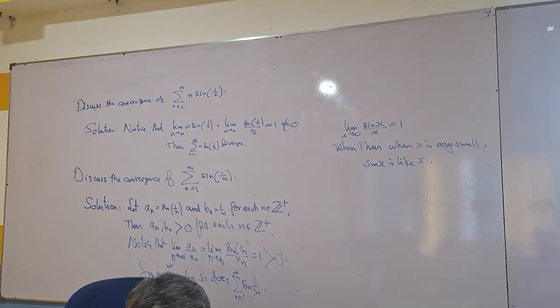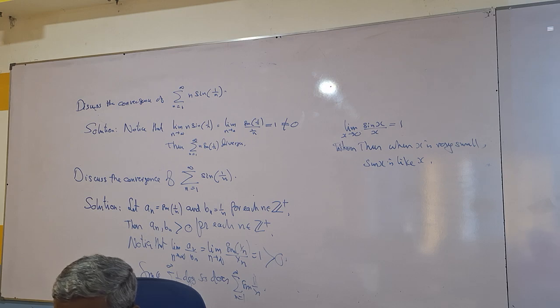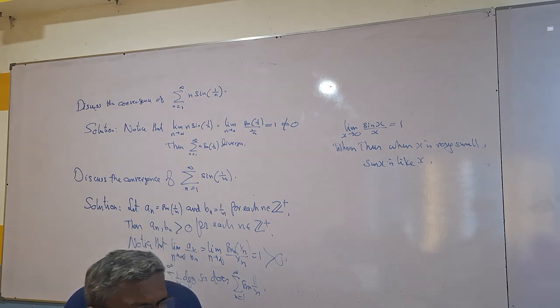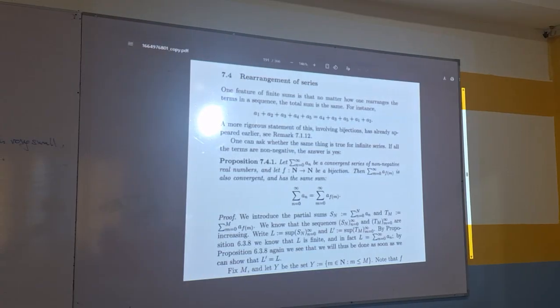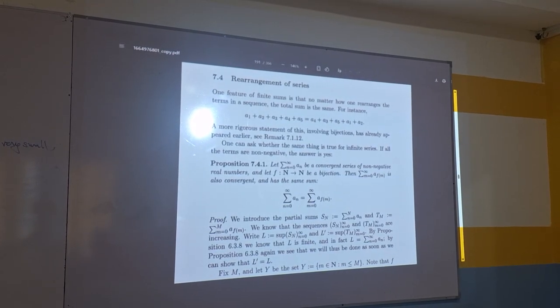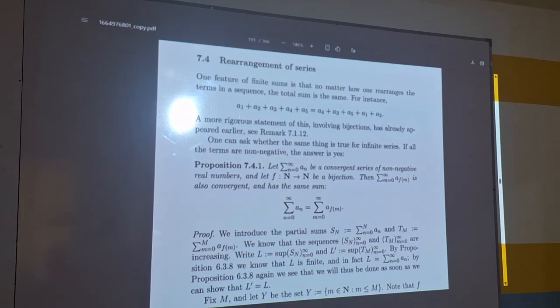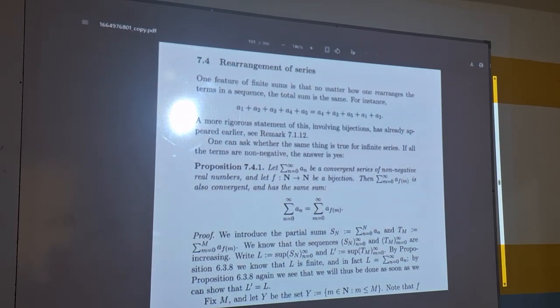Okay, rearrangement of series. Did I get you there? Actually, the other day you noticed the alternating series, 1 over 1 minus 1 over 2, plus 1 over 3 minus 1 fourth. That is a convergent series by the alternating series test. Then the other day I showed you an example: 1 over 1, then I added the next two minus terms, minus 1 half, minus 1 fourth, then wrote the next positive term 1 over 3, then minus 1 over 6, 1 over 8.